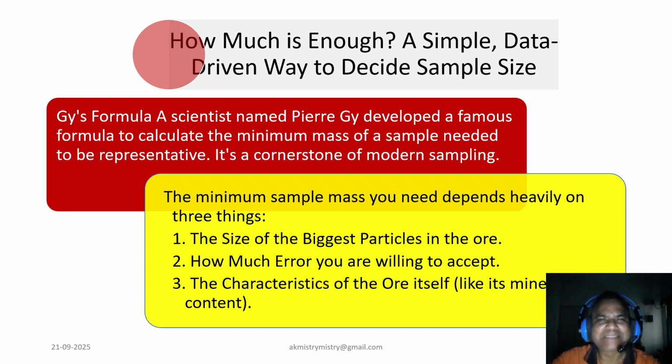Pierre Gy developed a formula to calculate the minimum sample mass needed for a reliable result. It depends on three key factors: the size of the largest particle, the acceptable error margin, and the ore's characteristic. This formula is a foundation in modern sampling science.